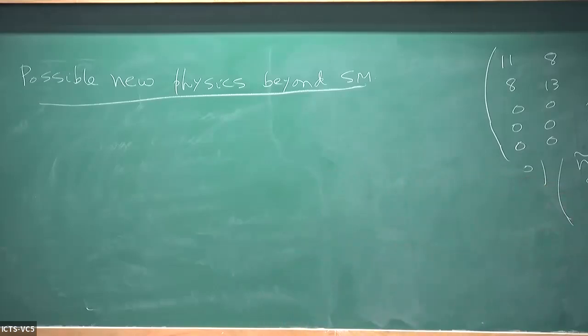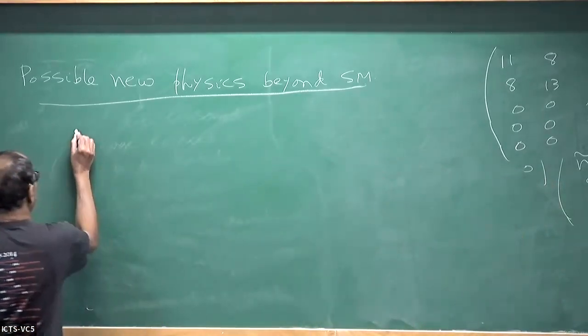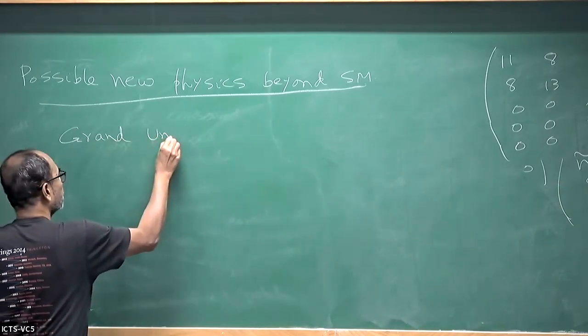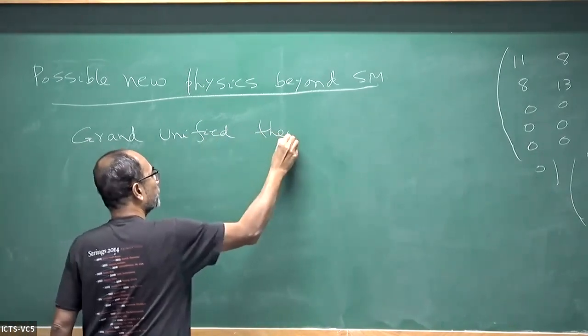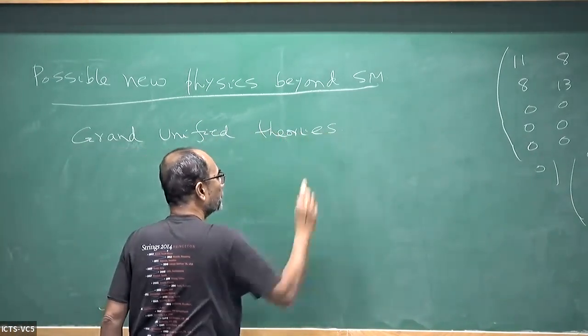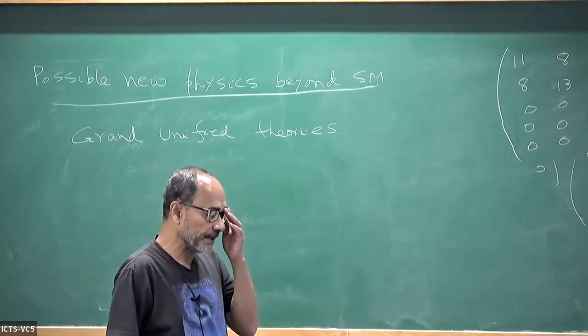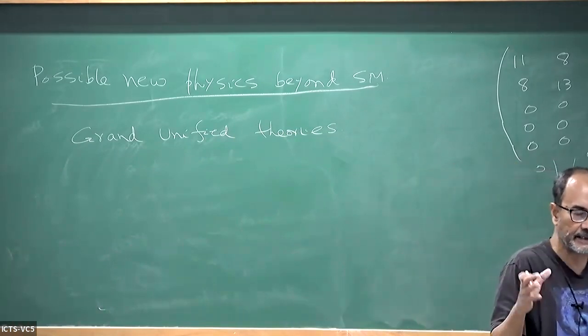So one popular class of models are what are called grand unified theories. Originally these were designed to unify the three groups that we have.